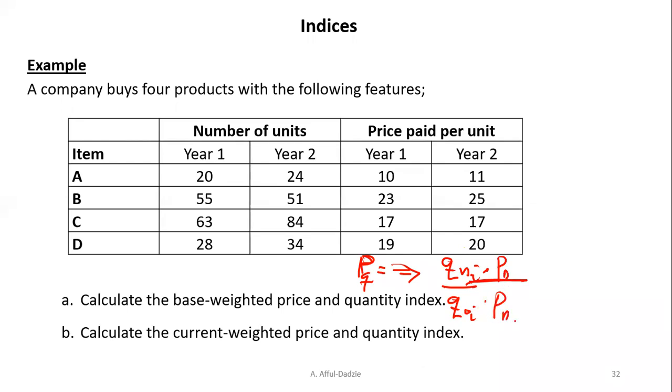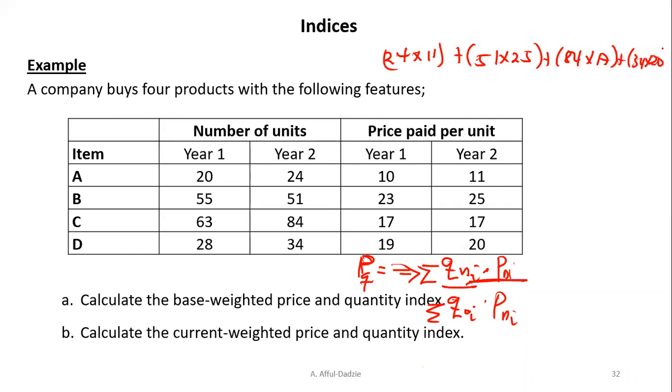And because there are multiple Pns, you also have Pi. So it is a summation. You take the quantity, which is 24, times the current price, which is 11, plus the second one, 51 times 25. The next one is 84 times 17, and 34 times 20.